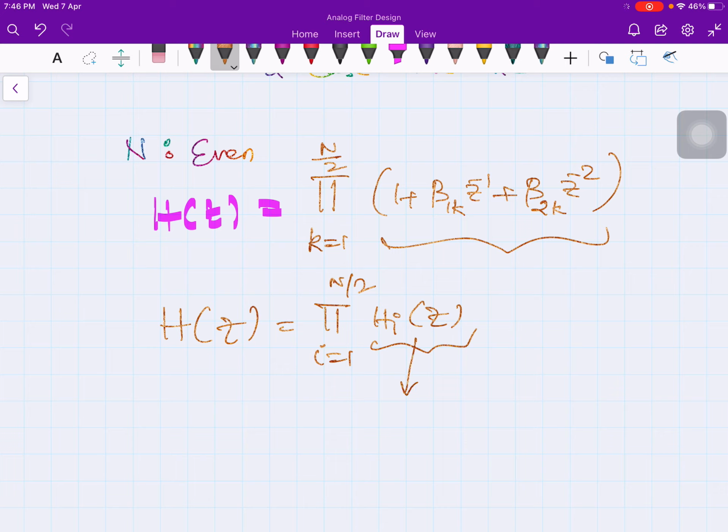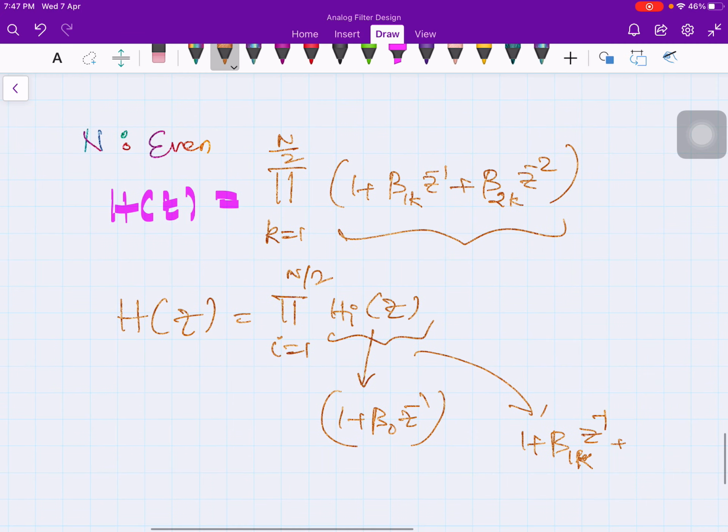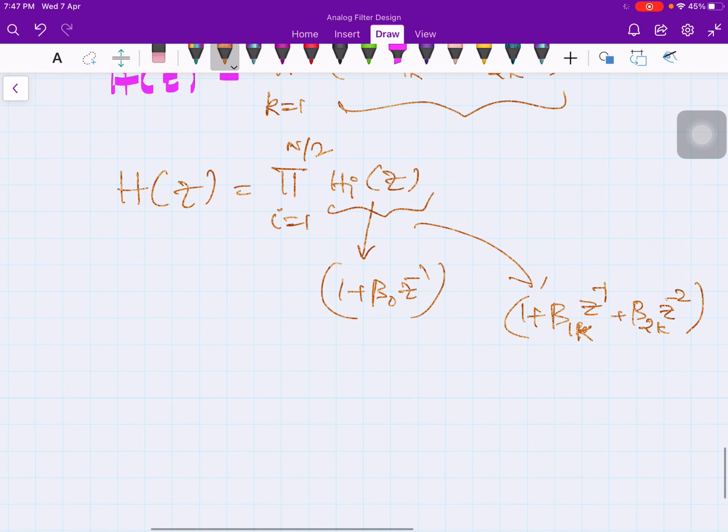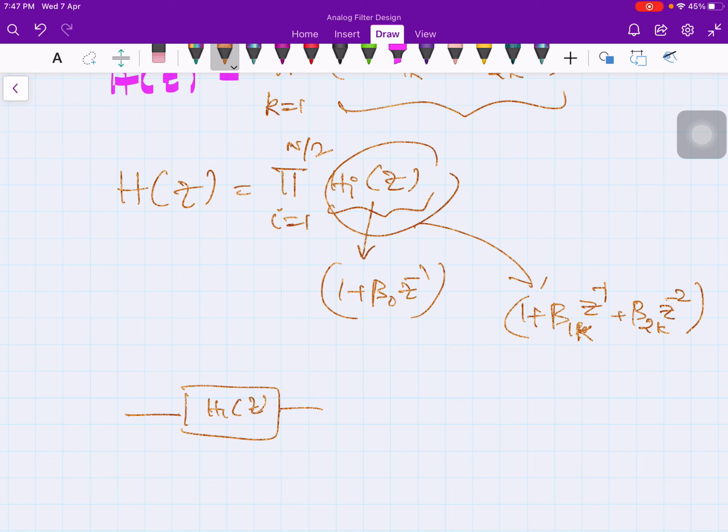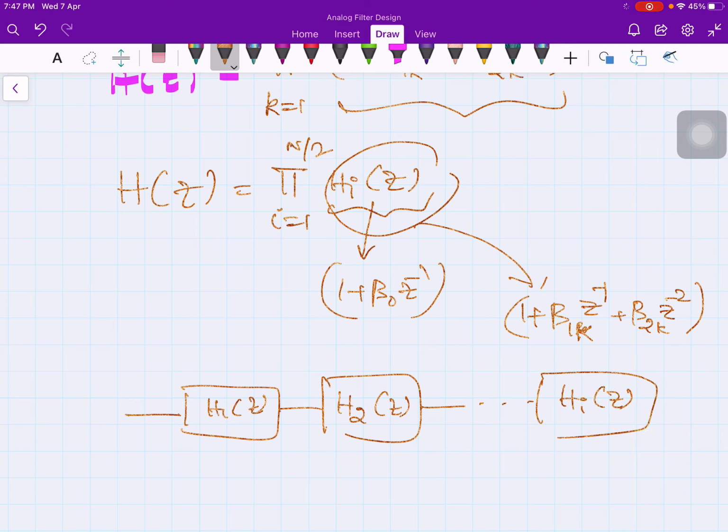So this H i of z will either be 1 plus beta 0 z inverse, or 1 plus beta 1k z inverse plus beta 2k z to the minus 2. Now I have a number of these H i of z in multiplication, one after another. Therefore I can put H1 of z, then H2 of z, then dot dot dot, then H N by 2 of z if it is even.